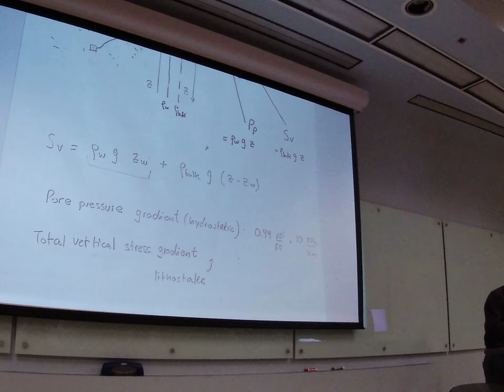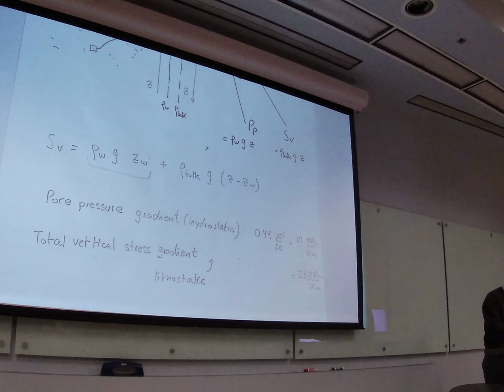Lithostatic gradient. We found the value in metric units, which is 23 MPa per kilometer, right? And if this is 23, how much is this number going to be? Can anyone use the calculator and tell me?